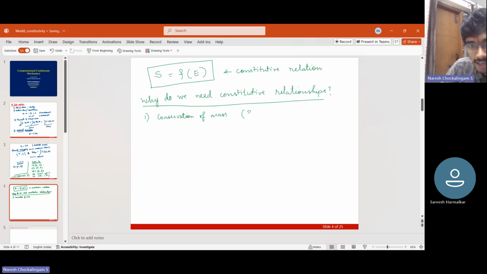In a Lagrangian setting, it is rho J equal to rho naught. So it is actually rho dV equal to rho naught dV naught, and dV by dV naught is nothing but J. This is the conservation of mass.